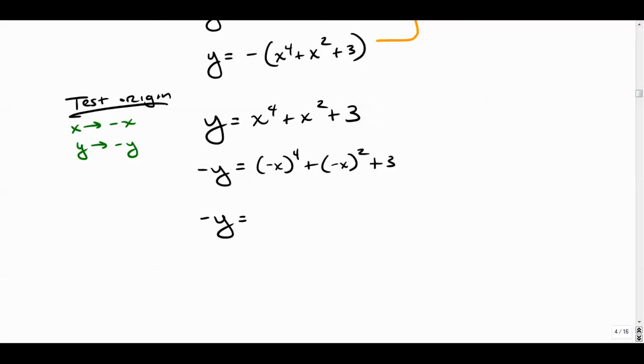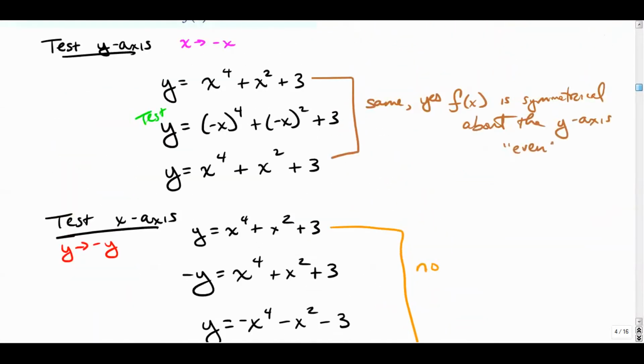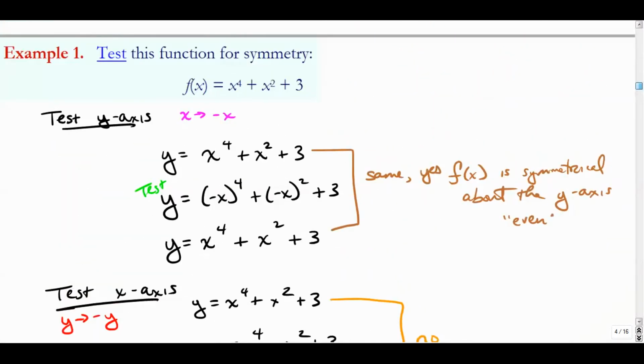Negative y, that's positive x to the fourth, positive x squared plus 3. So this is going to be negative all of that. So no, that does not equal exactly the same thing. So this does not possess origin symmetry either. It does have y-axis symmetry. This is an even function.